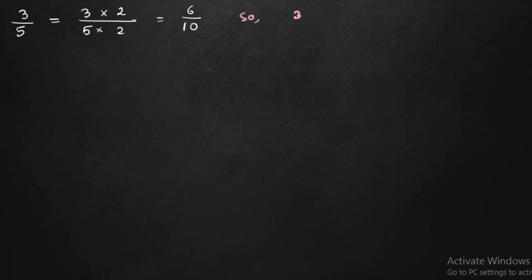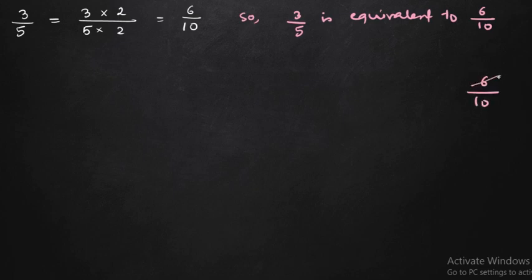So we can conclude that 3 by 5 is equivalent to 6 by 10. Why? Because if we cancel 6 and 10 with 2, 2 3s are 6 and 2 5s are 10. Ultimately both will be the same. So this type of fractions are known as equivalent fractions. So we can obtain as many equivalent fractions of a fraction as we like.